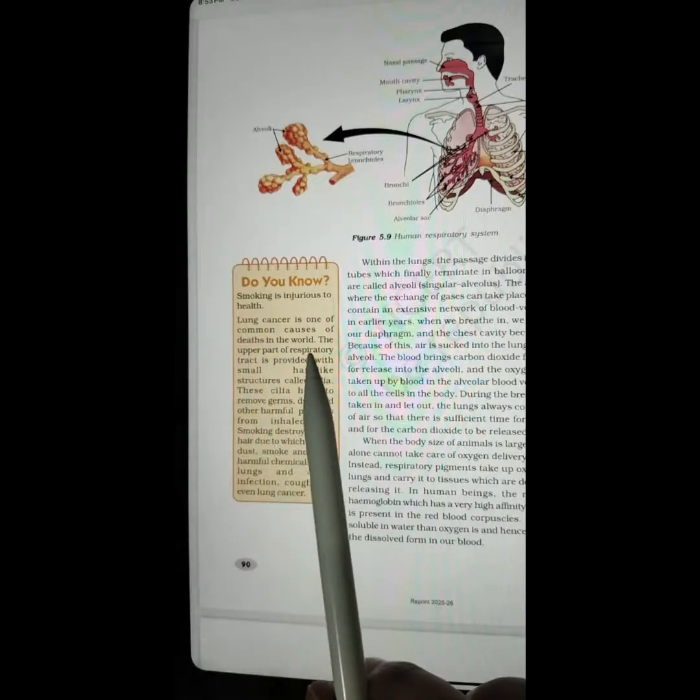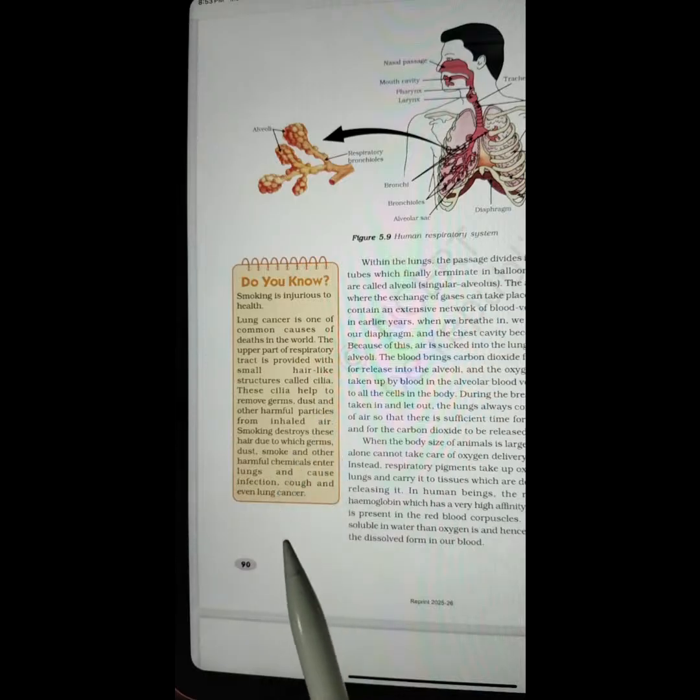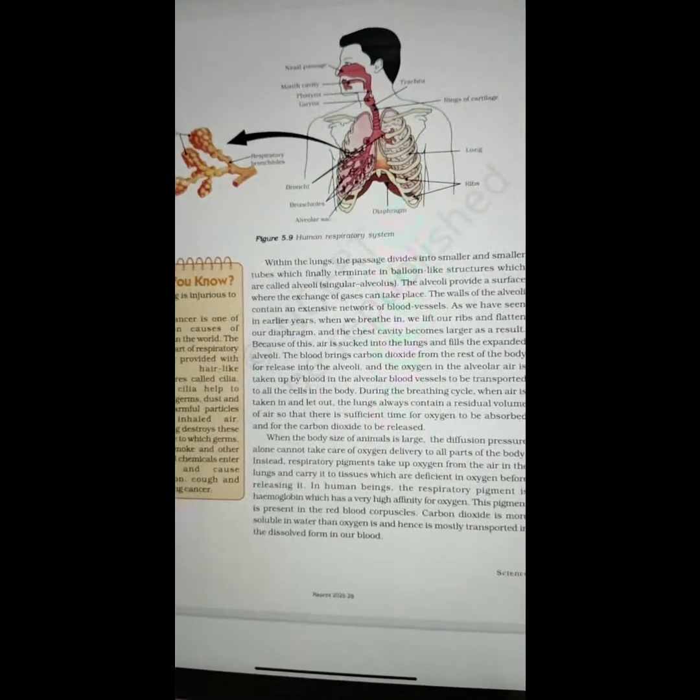Lung cancer. Hair-like structures called cilia. Rest all the words are easy for you.